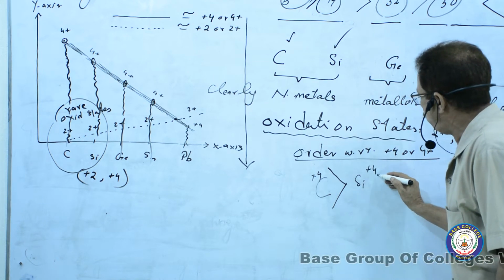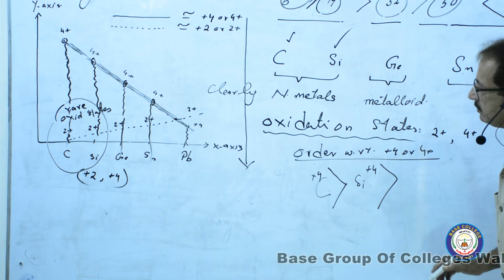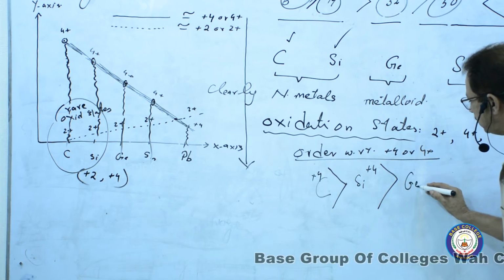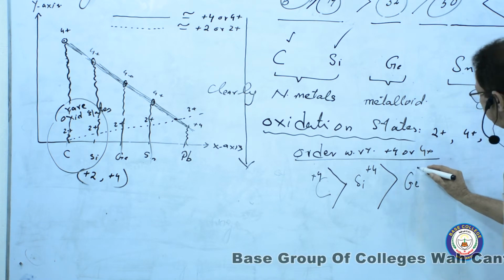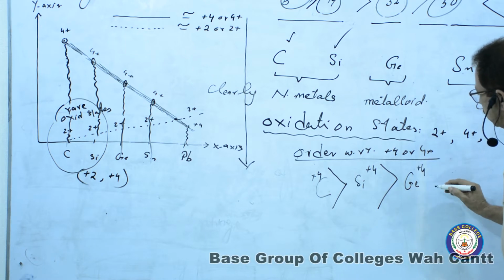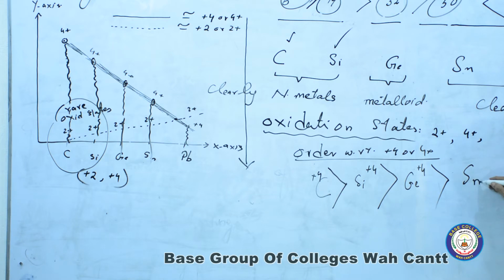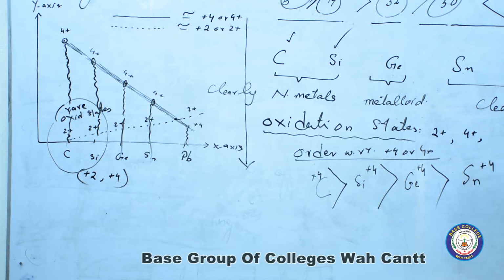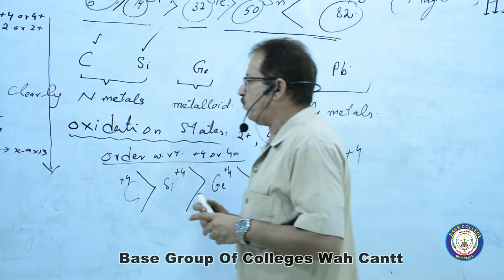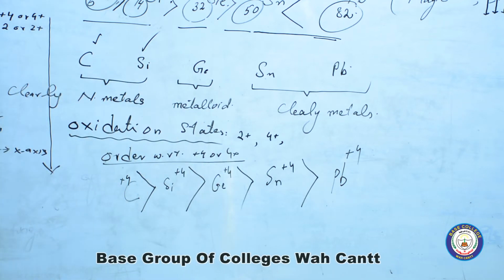Si plus 4 is more stable than germanium plus 4, more stable than tin plus 4, Pb plus 4. Look at this order.